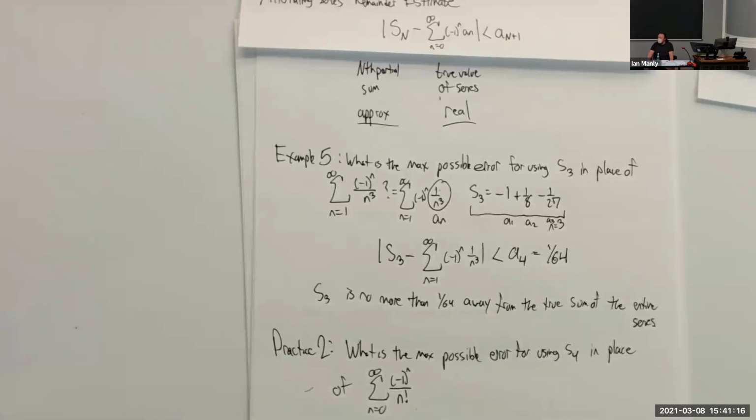Remember, S4 doesn't mean 4 terms. It means we go up to n equals 4. So technically S4 would have 5 terms, as weird as that sounds, because we'd have 0, 1, 2, 3, and 4. You just need to find A_(n+1). Yep, that's all you do. Pretty easy to find the error.